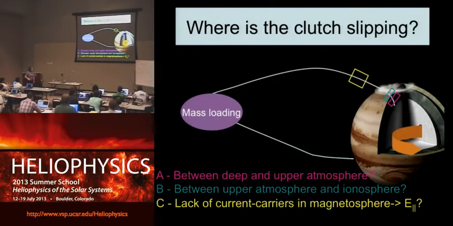And the big question of our understanding of the giant planets is what causes that decoupling between the spinning planet and the magnetosphere. And it's probably not interference by the Dungey cycle, because that reconnection process is way out near the edges.